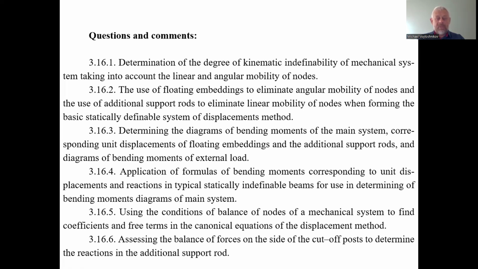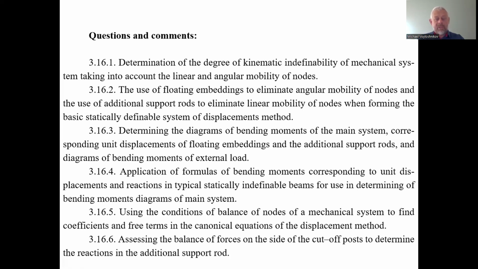So in each node, if we substitute the connection by the hinge, what will be the degree of static changeability of the mechanical system? How many independent geometric transformations of the hinged scheme can we have? And the total will be the degree of kinematic indefinability of the assigned mechanical system.